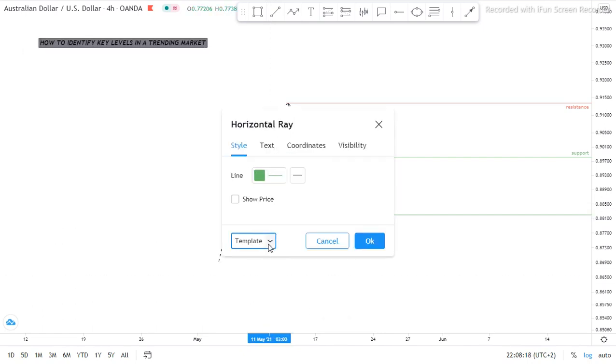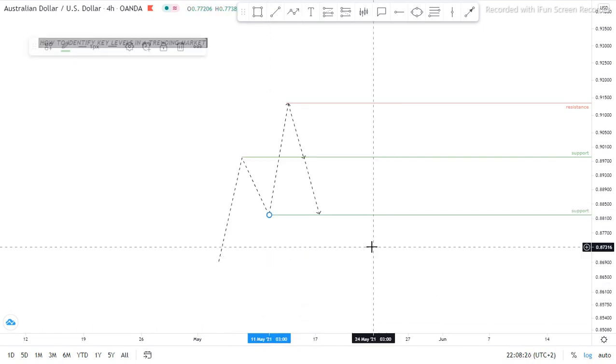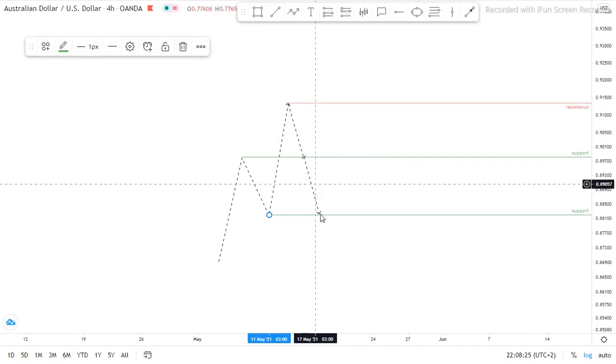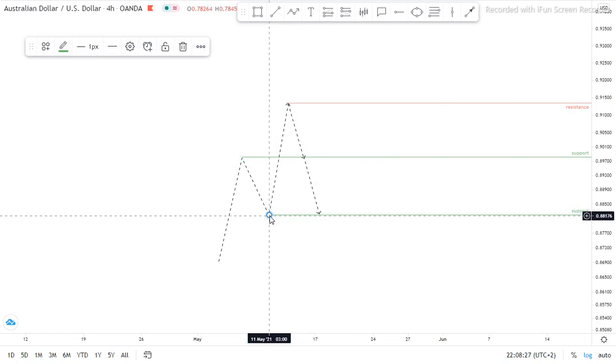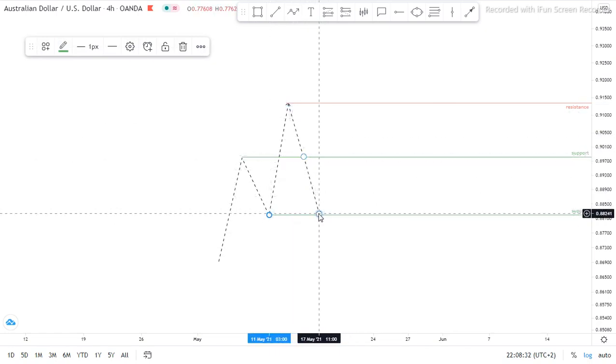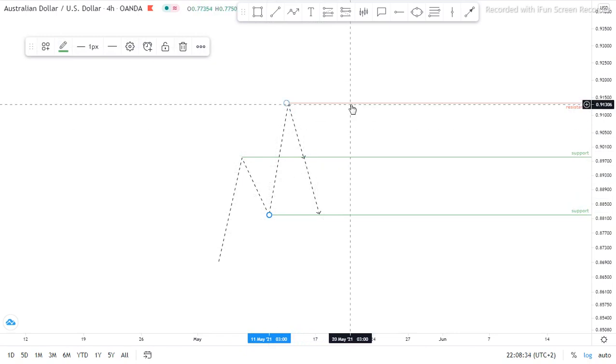This is still a support, right? This is still a valid support level. So as much as price broke this level and came down, our original support is still standing, right? So price is allowed to come all the way down here before moving all the way up there.